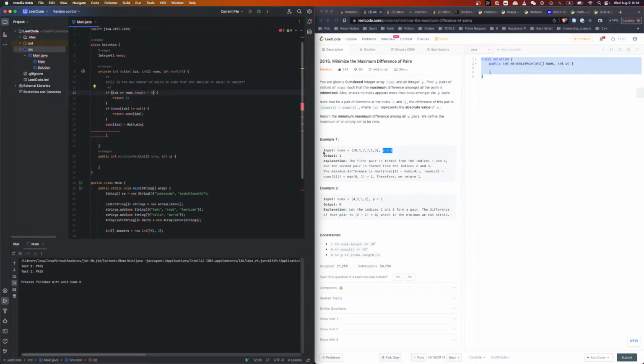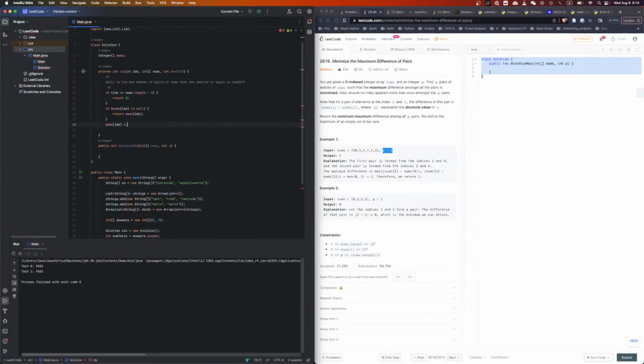Because if you hit the last value, then also it's not possible. Then that's a 0. You don't have anything. Otherwise, return this. Otherwise, we want the maximum number of pairs. Hold on. I probably shouldn't do it this way.